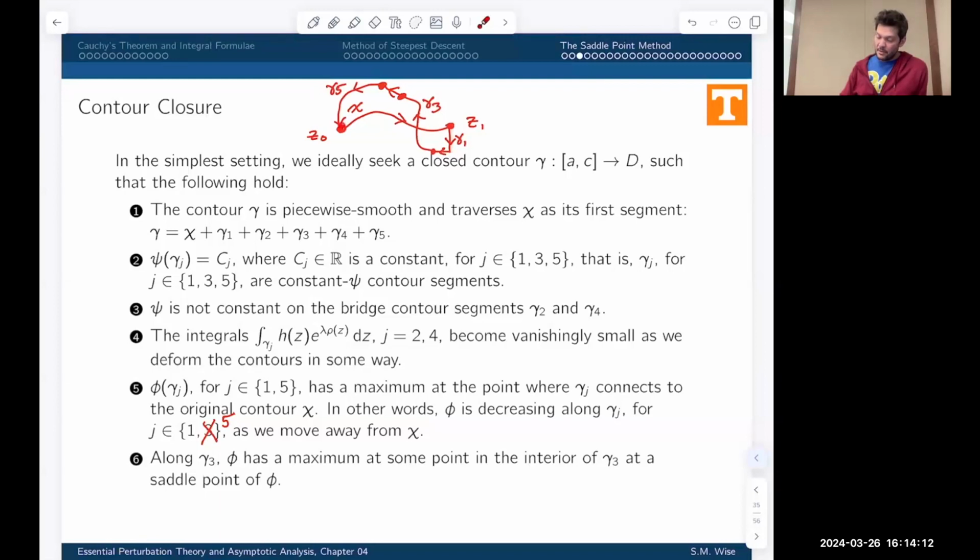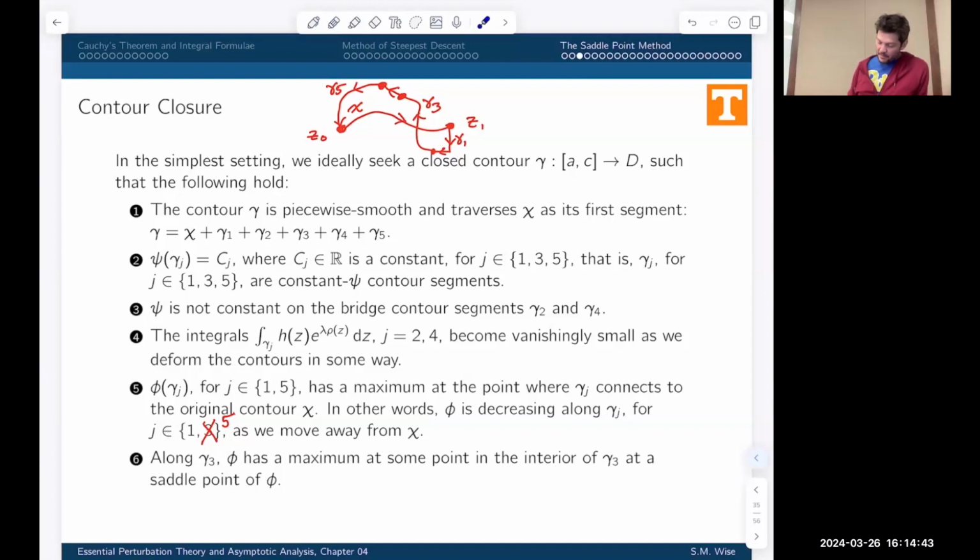Let me use a different color so that it stands out. I want the phi function, when evaluated on gamma 1, to be decreasing as I move away from chi. And same on gamma 5. As I move away from chi, which is this direction, I want phi to be a decreasing function. Okay, so that's point 5. Point 6.